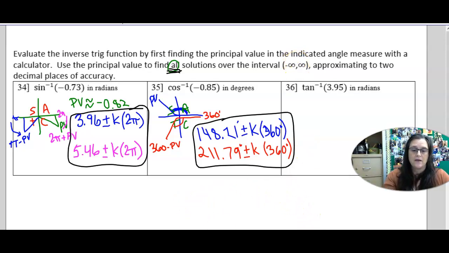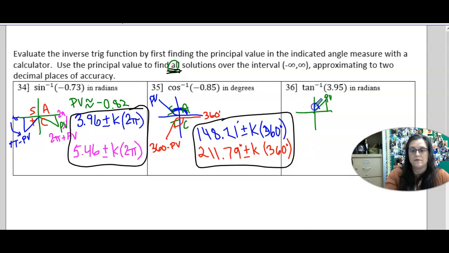Okay, then lastly is the arctangent of 3.95 in radians. And tangent's positive principal values will come from quadrant 1. So we'll have a positive acute angle in quadrant 1.